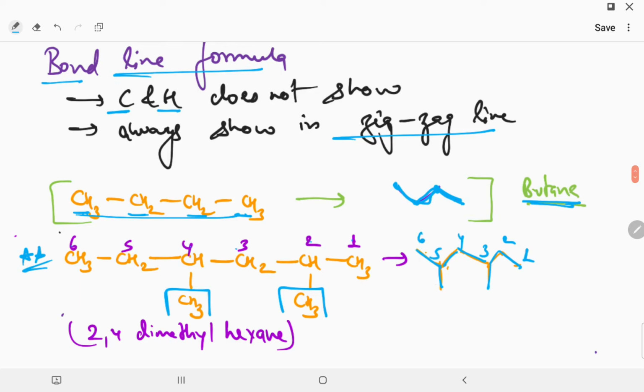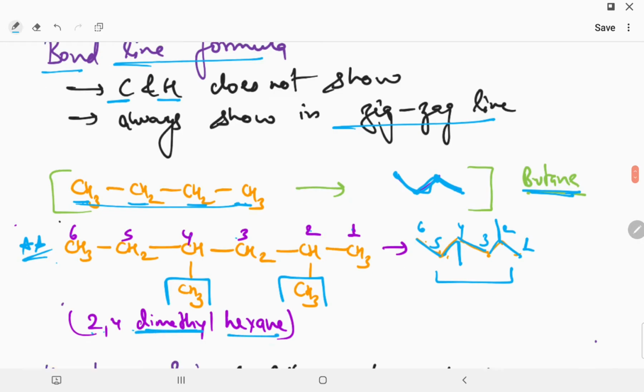So in this there are 6 carbons. Now the groups are on the second and fourth positions, so we draw the groups at the second and fourth positions. Now this is the correct structure of this compound, and this is called 2-ethyl 2,4-dimethyl hexane.